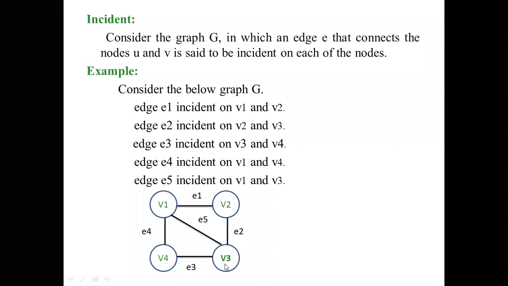E3 is incident on V3, V4. E4 is incident on V1, V4. E5 is incident on V1, V3. So the edge that connects a pair of vertices is said to be incident on each of the vertices.